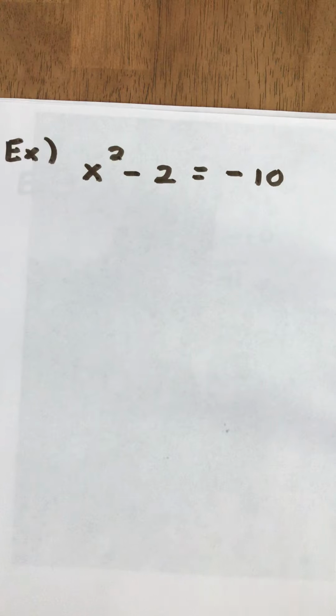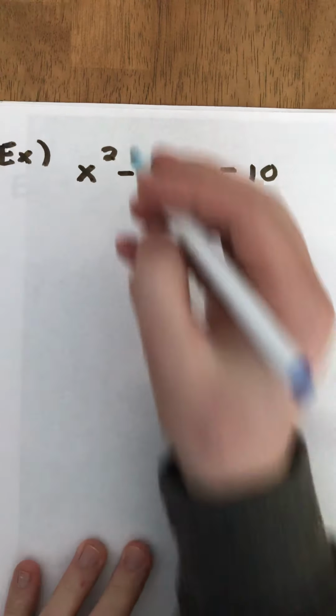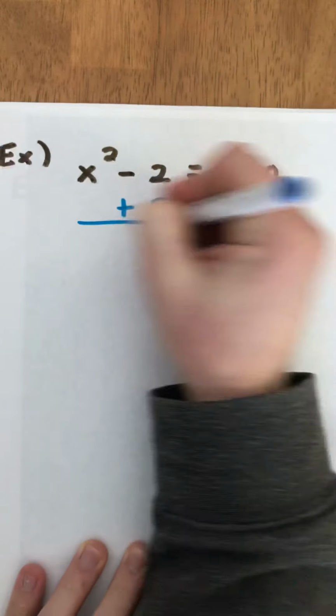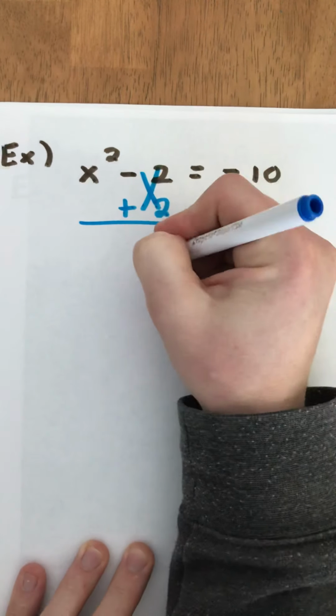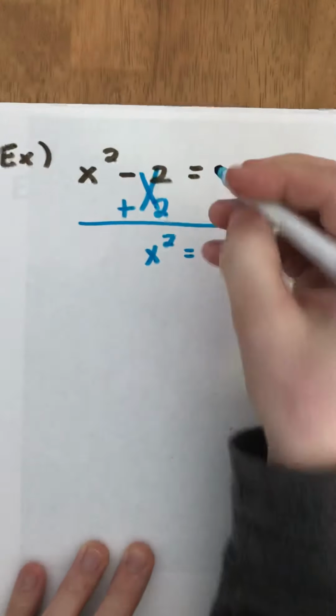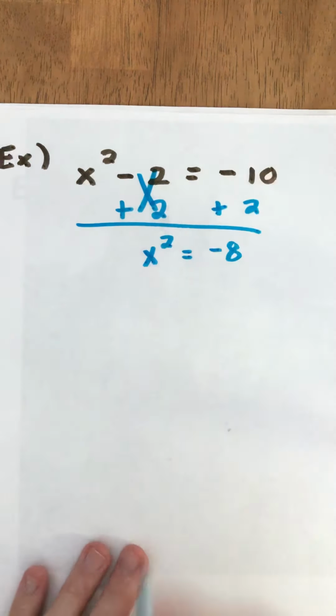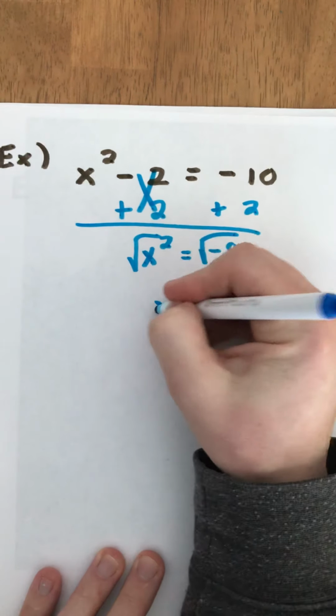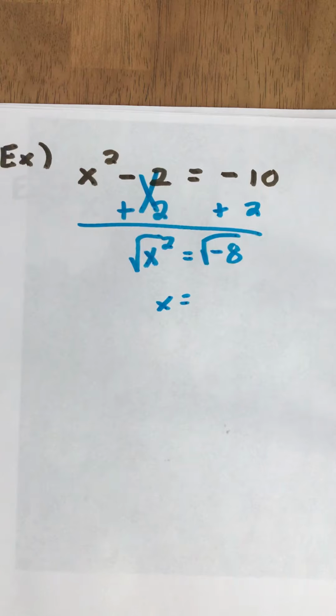So let's take a look at this next example here. x squared minus 2 equals negative 10. So if I was trying to solve this using my square root method, I would add 2 to both sides. I'd get x squared equals negative 10 plus 2, which is negative 8. And then I take the square root. Now, many of you, probably just on autopilot, would immediately go to your calculators and try to type in the square root of negative 8.